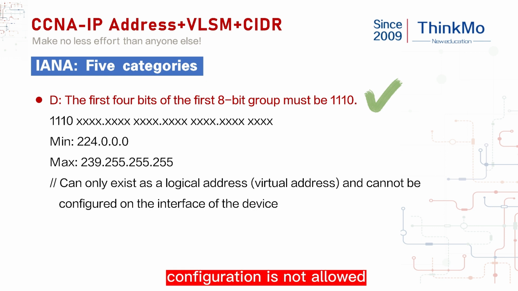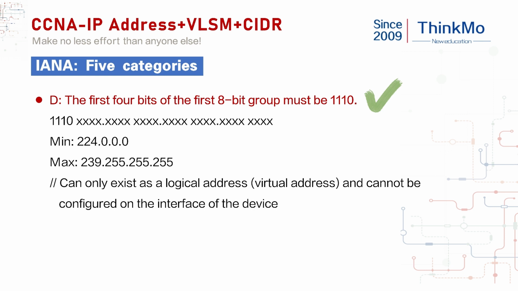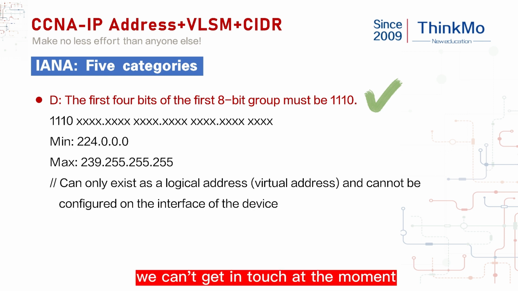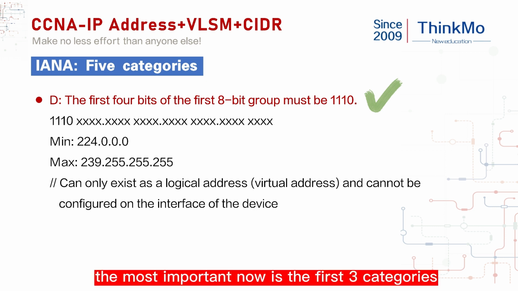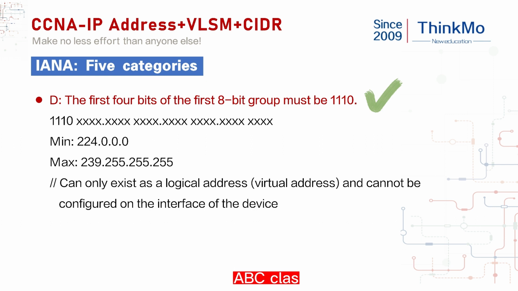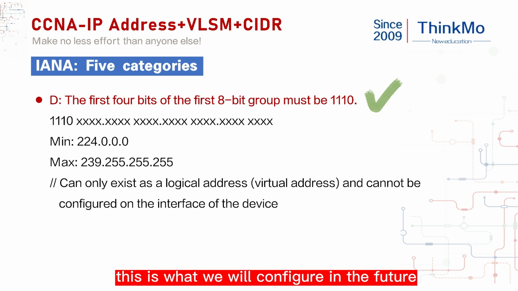Configuration is not allowed. Multicast is knowledge belonging to IE, slightly harder, and we can't get in touch with it at the moment. So the most important now are the first 3 categories, ABC class, that is unicast addresses. This is what we will configure in the future.